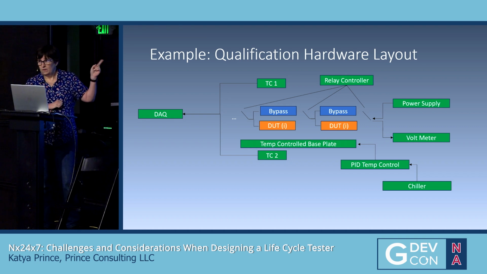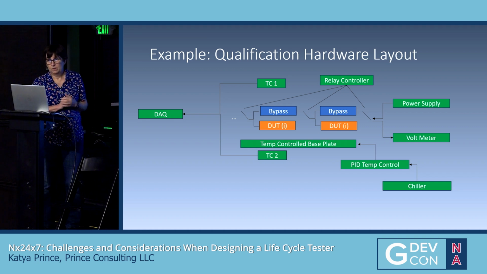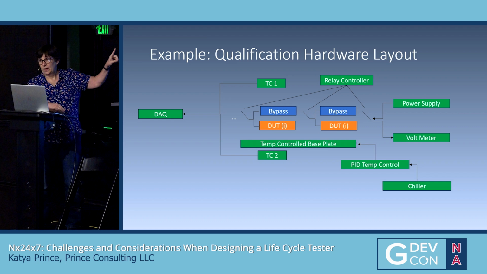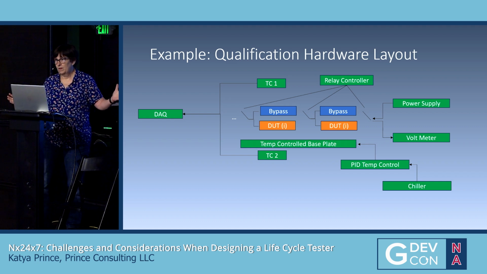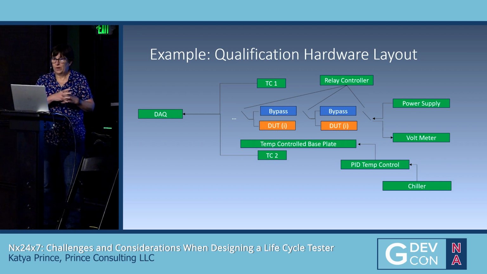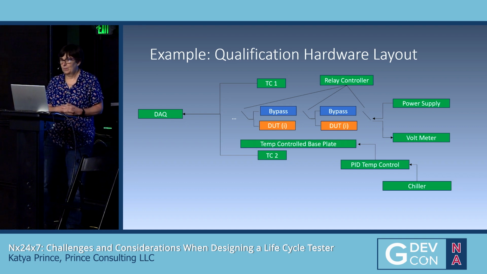And then you can see that in this system, we also have this bypass circuitry. What's happening there is that if a device fails, you use a relay to switch it out of the system, and you continue testing all of those devices. So the idea here is you're looking at that whole batch, and as devices fail, you continue testing until you decide to stop it, or all your devices fail, or something like that.